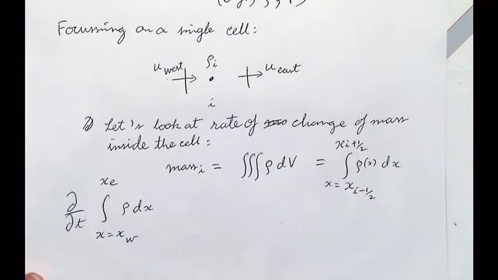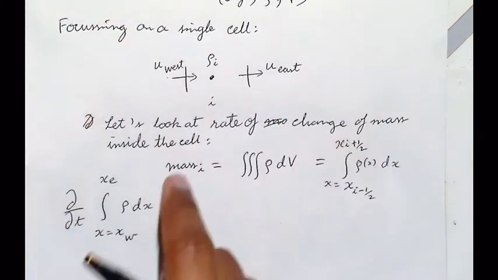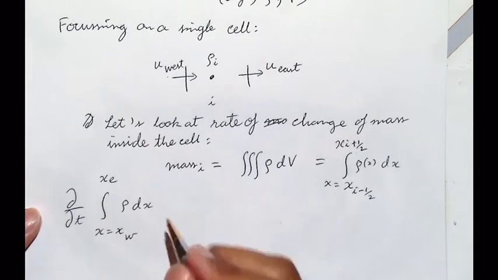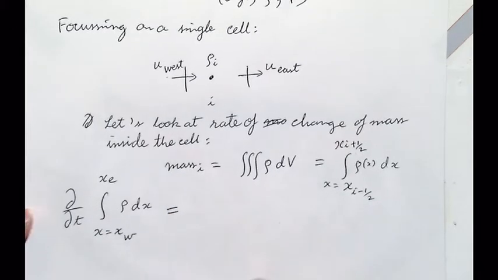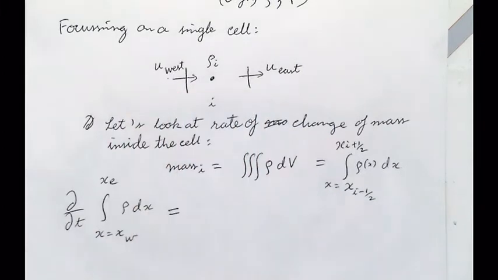Now, this is physically exact, the scenario we're looking at. We're thinking about the rate of change of mass, and this will happen only because of what, in this picture we have shown here?